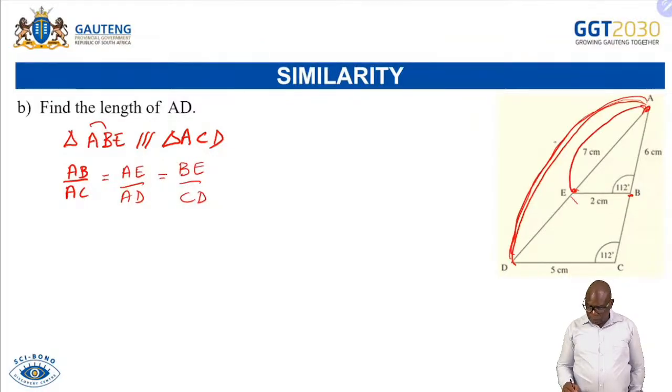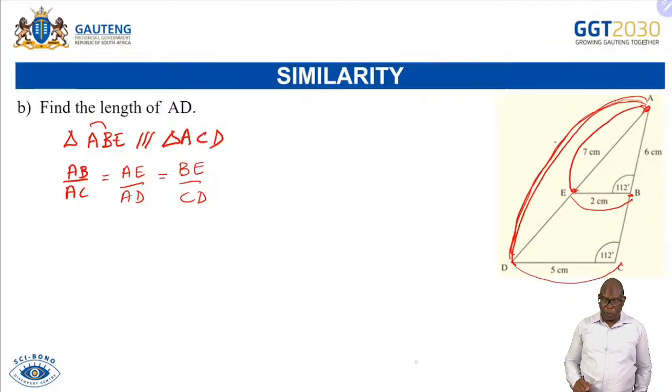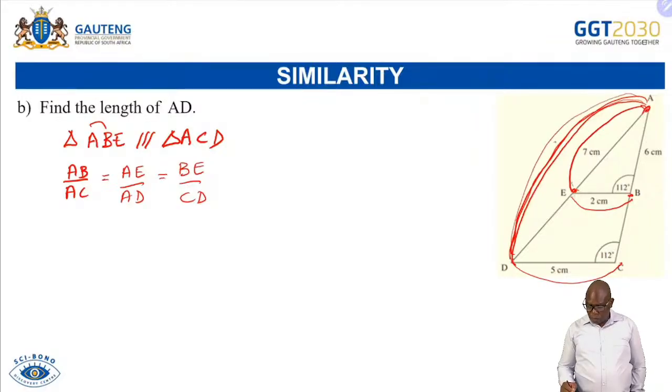It's equal to this ratio over this. In this triangle here, I can use the whole of that over this and this over that.